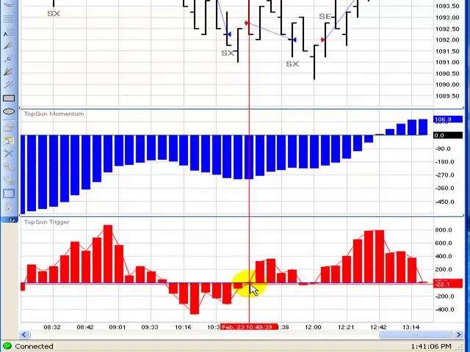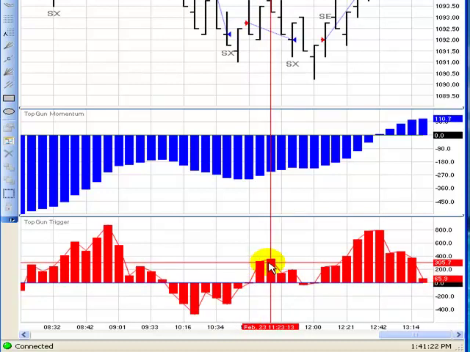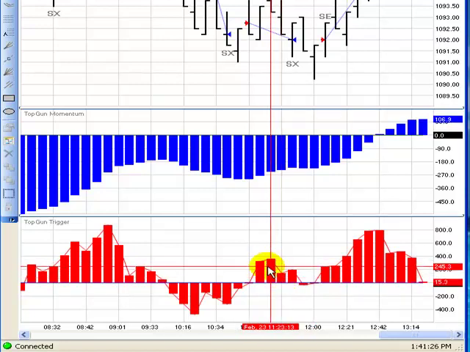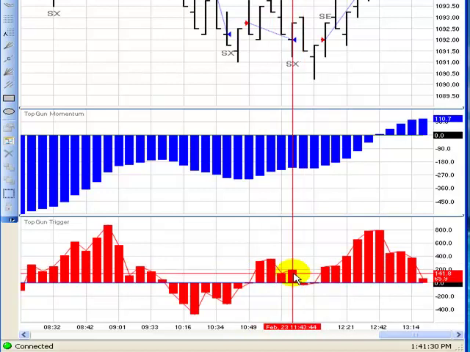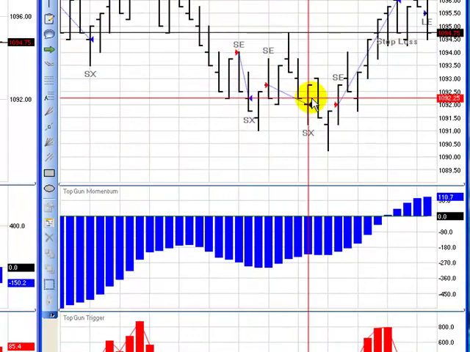Now this one is right on 0. Keeping in mind, as long as it stays less negative, we're going to stay in the trade. In this case, we're in the trade, and it goes less negative, actually positive in this case, and then it becomes more negative. As soon as it becomes more negative, we're out of the trade. And so we get out on this bar right here, and we make a little bit of money.